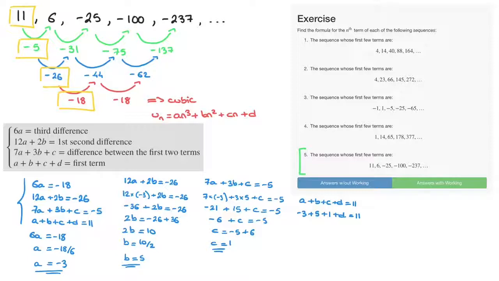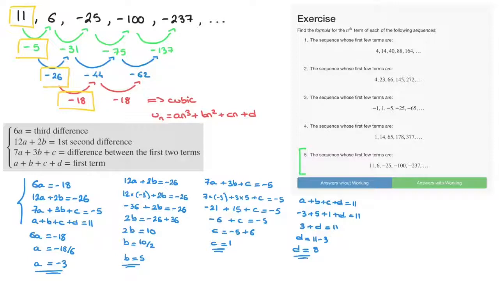Negative 3 plus 5 is 2, plus 1 is 3, so this is 3 plus d equals 11. We now subtract 3 from each side of this equation, which leads to d equals 11 minus 3. And finally we find d is equal to 8.